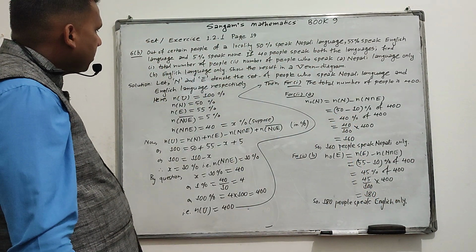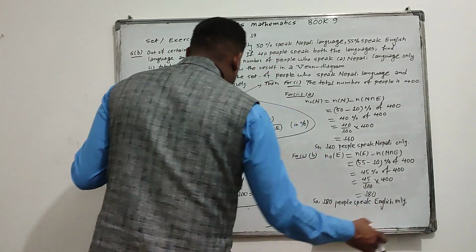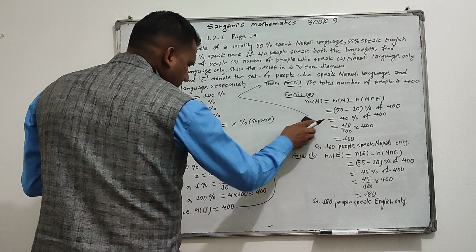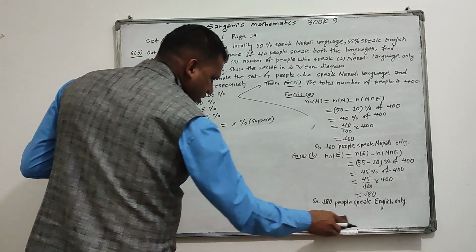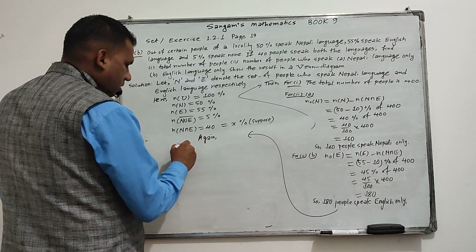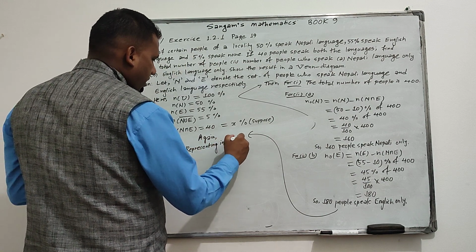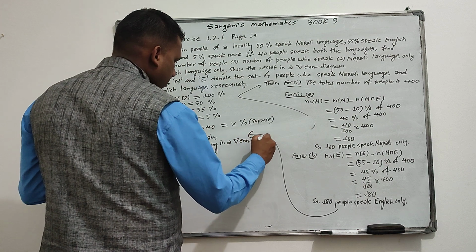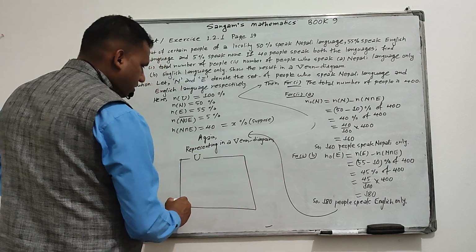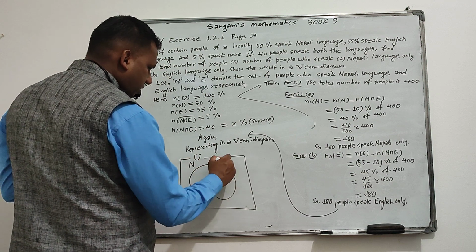Now, finally, show the result in a Venn diagram. Again, representing in a Venn diagram, we need U and two subsets, N for Nepali and E for English.